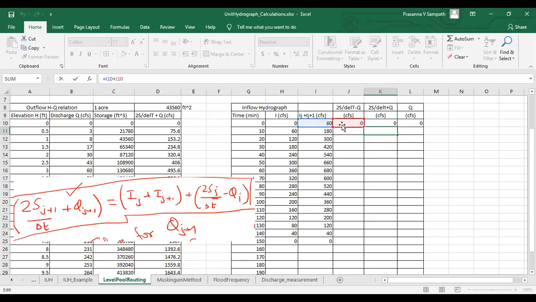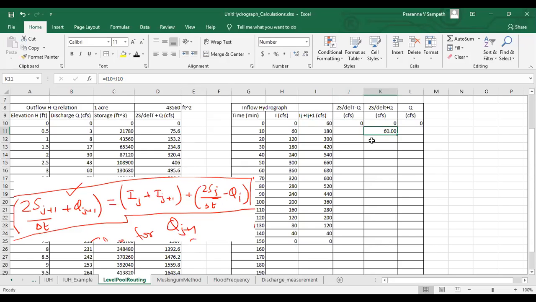So I compute this number from the previous time step's data. This data was known, this was known, so I compute 2s by delta t plus q. Is that okay?